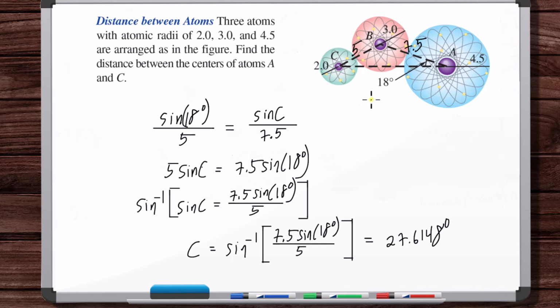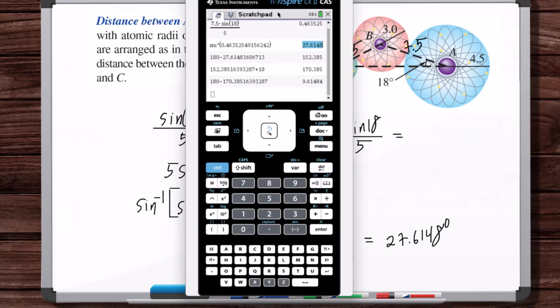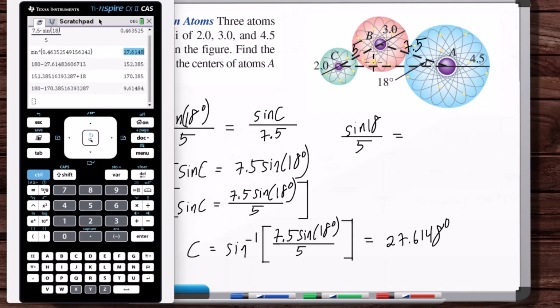So okay, let's try and use given information. So let's use sine of 18 over 5 is equal to, so now we need to get angle B here because we need to solve for this side length.